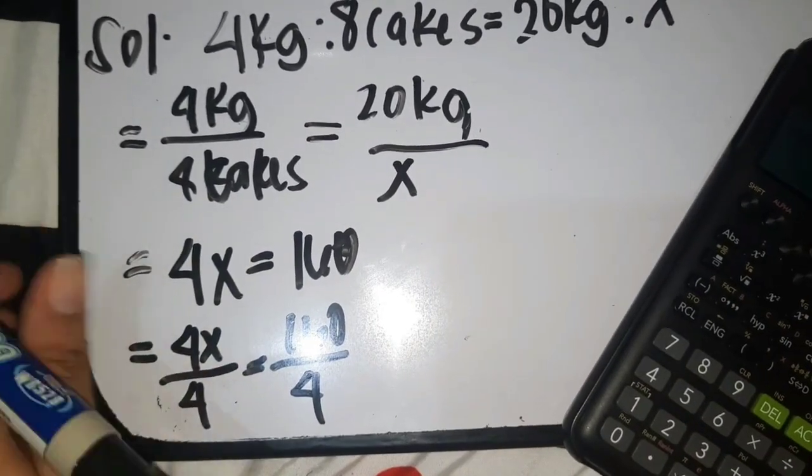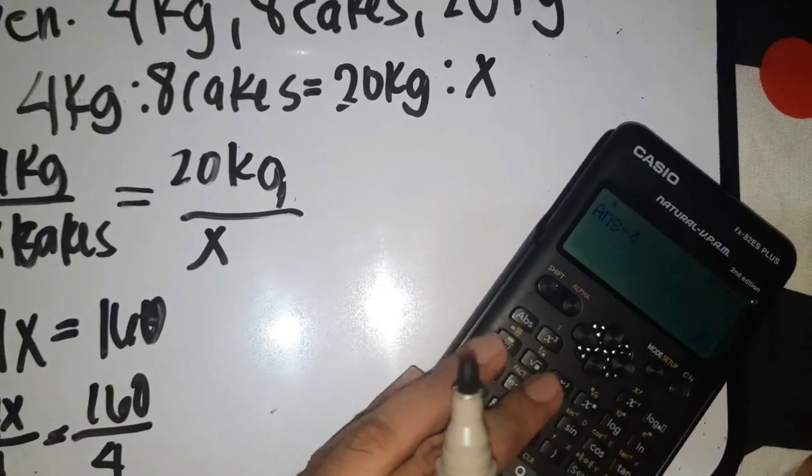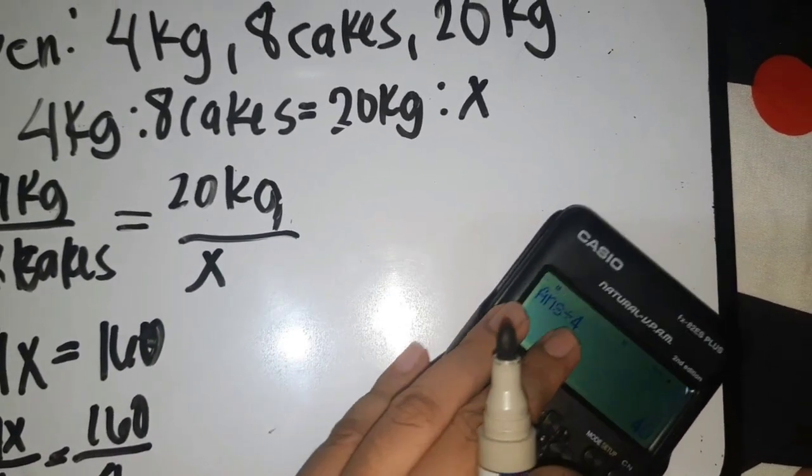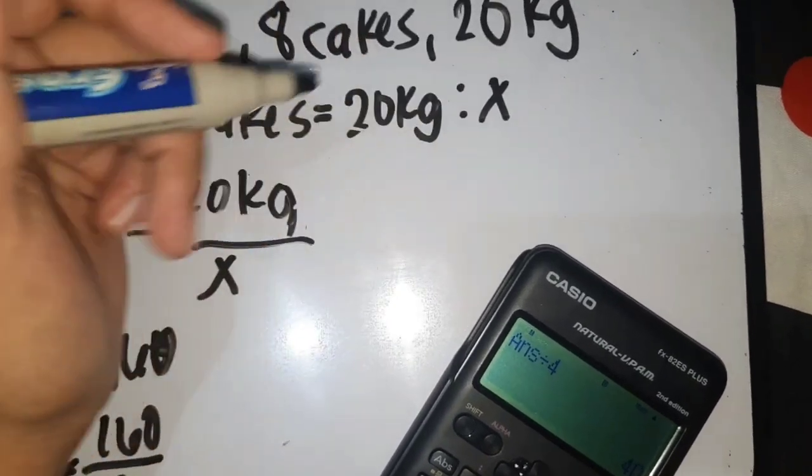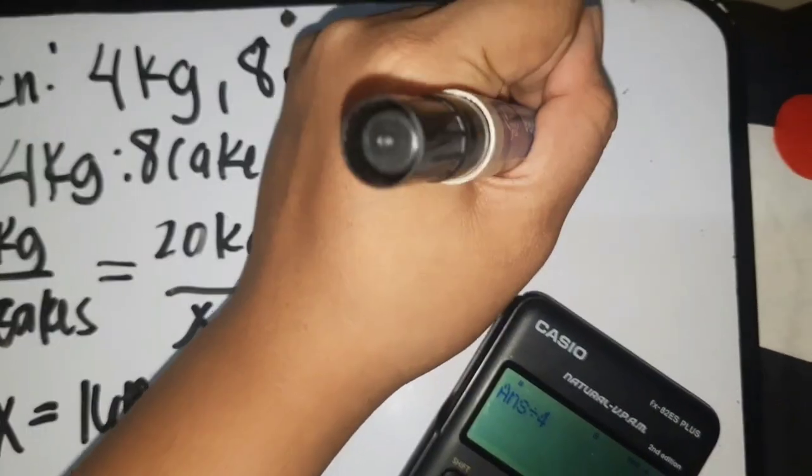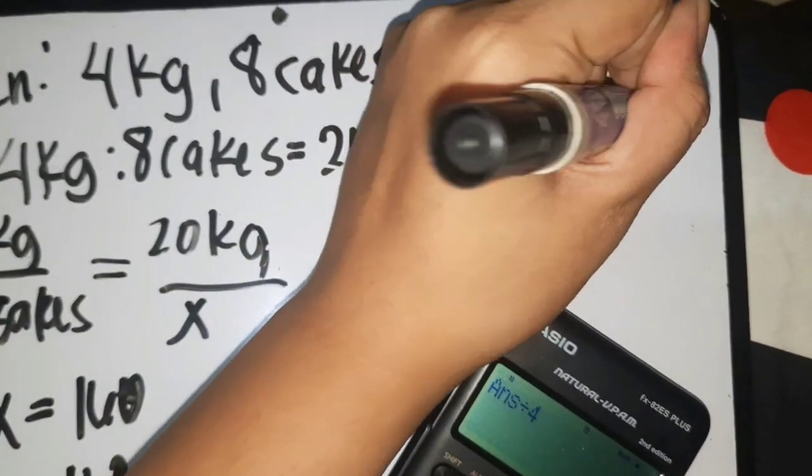So our x is 40. So, 40 cakes can be made from 20 kilograms of flour.